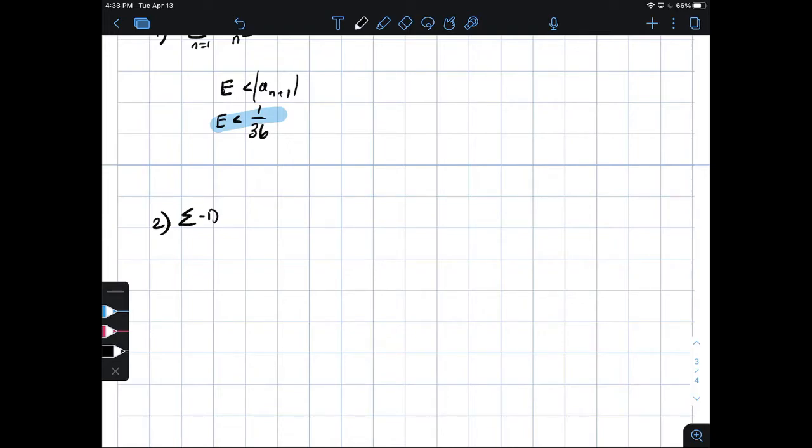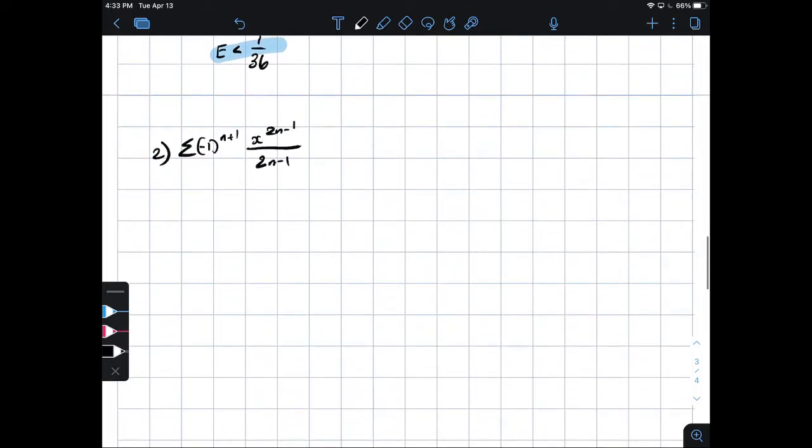And we're going to say this, and then x to the 2n minus 1 over 2n minus 1. And we're just going to do the ratio test on this. Whenever you have something like this, ratio test kind of can't hurt. It's always kind of good.